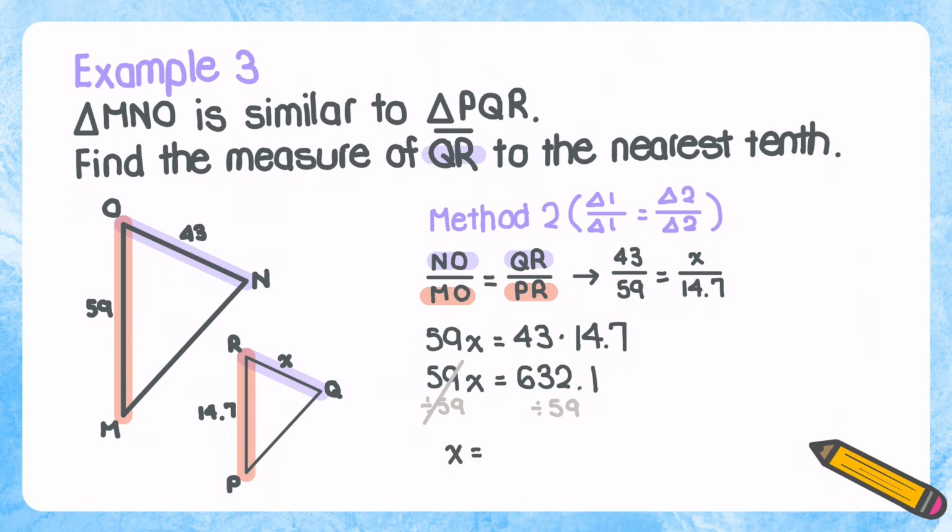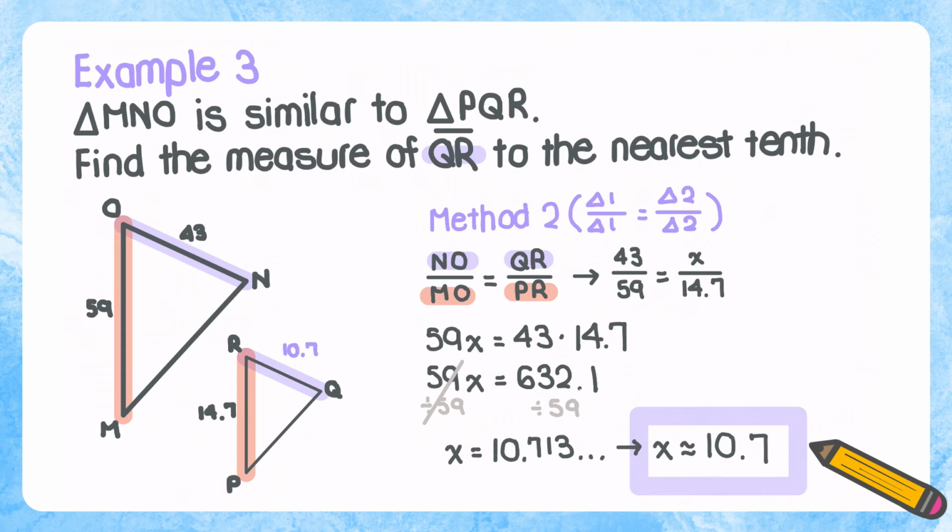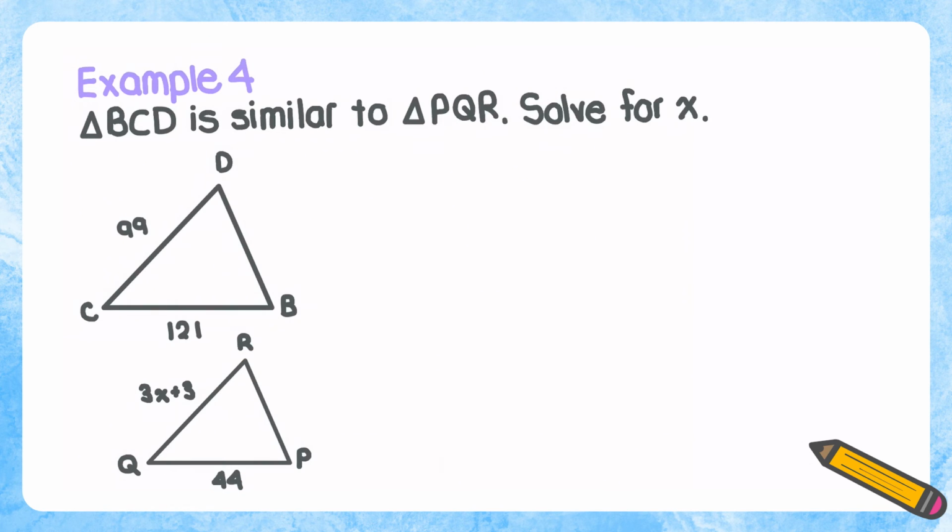I find that x is, and again, it's like a decimal that keeps going, 10.713, and keeps going. But I round to the nearest tenth, so x is approximately 10.7. So the measure of side QR is 10.7. Well, approximately 10.7. Let's look at two more examples.